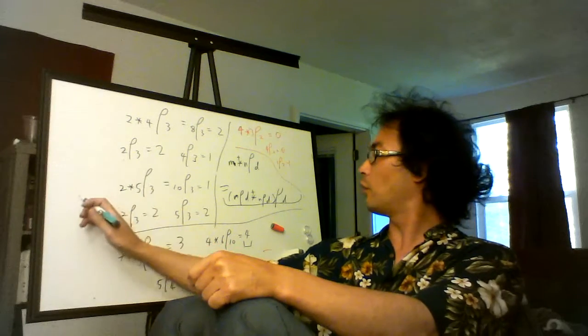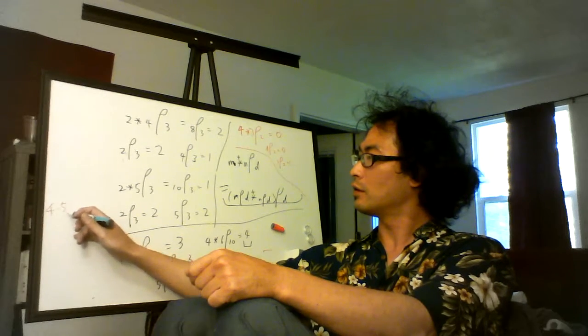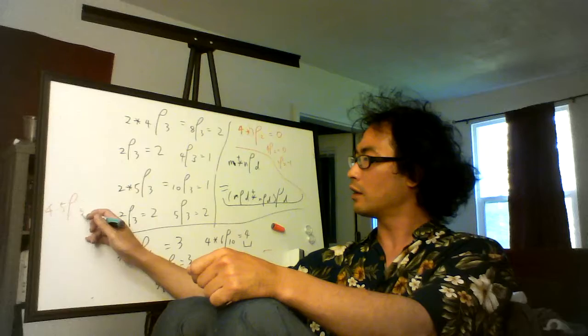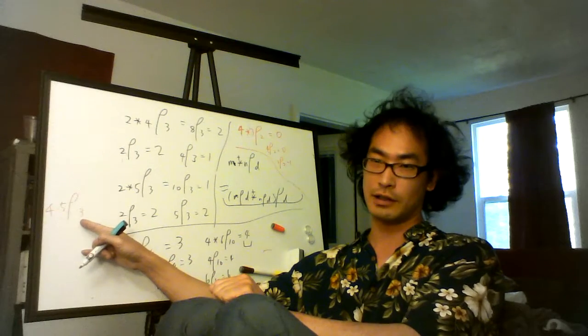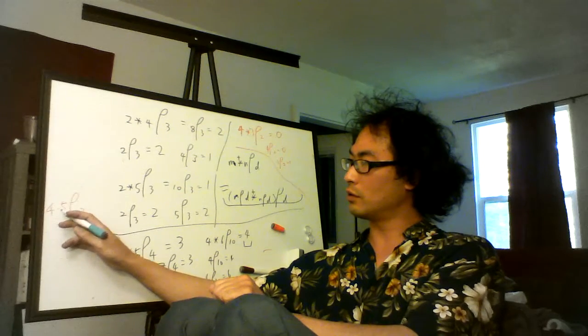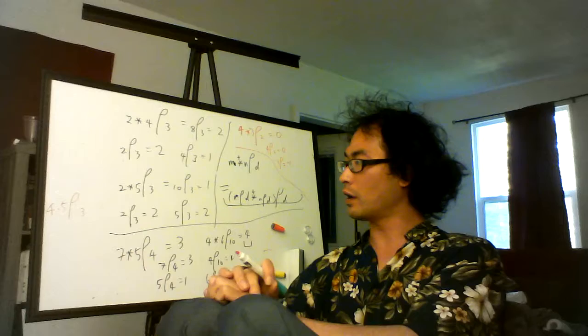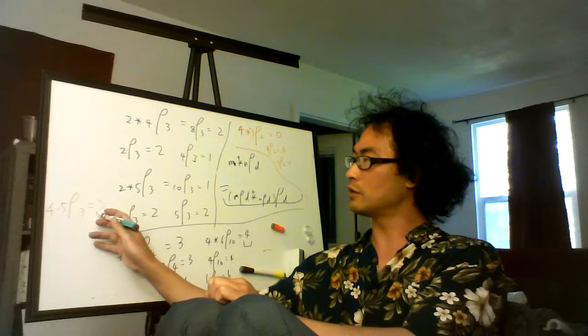How about 4 times 5 mod 3, okay? But this is 1 and this is 2 in terms of 3. Alright, let's work it out. 20, okay, so 18 is the multiple of 3, so this is 2.